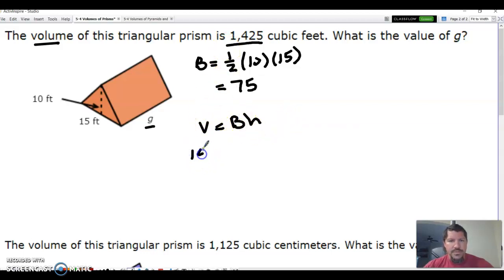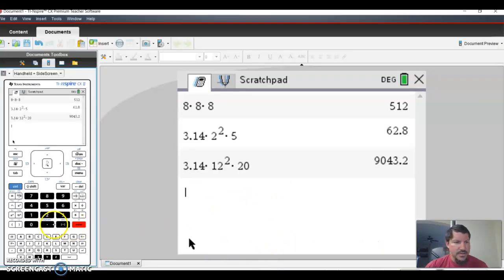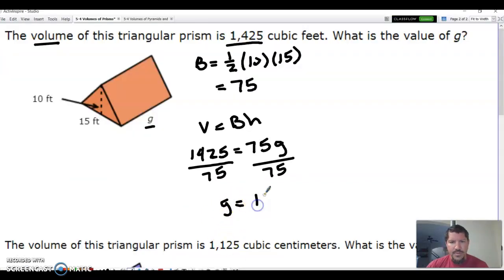So my volume is 1425. Area of my base is 75. My height in this case is G. So really simple. Now we divide by 75. And G, or the side that I want, 1425 divided by 75 is 19. And that's going to be feet.